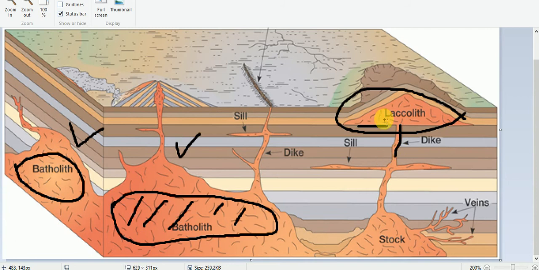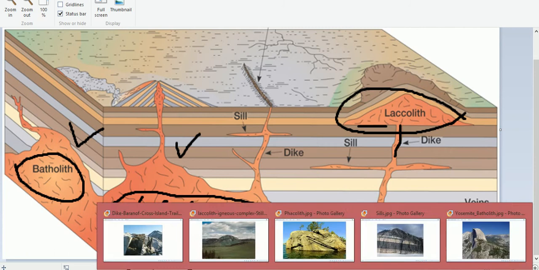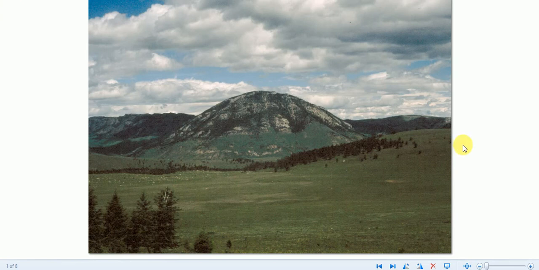So this is a Laccolith. And here we have a photograph of a Laccolith. Once it was under the ground, but now it is exposed on the surface. It is a large dome exposed on the surface, and this is known as a Laccolith.